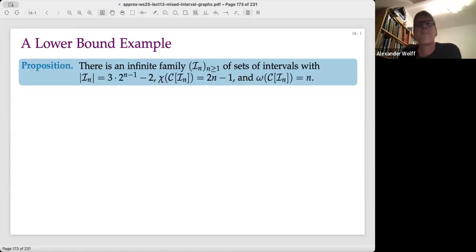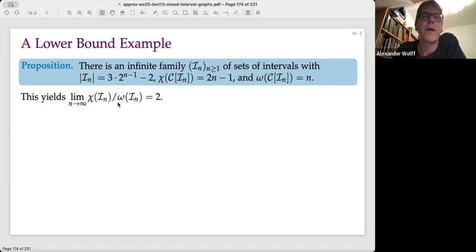Now, how good is the algorithm? Here I will give you a family of intervals that shows that there are examples of sets of intervals where the clique number and the coloring number are exactly as far apart as the number of colors that my algorithm uses is away from the clique number.